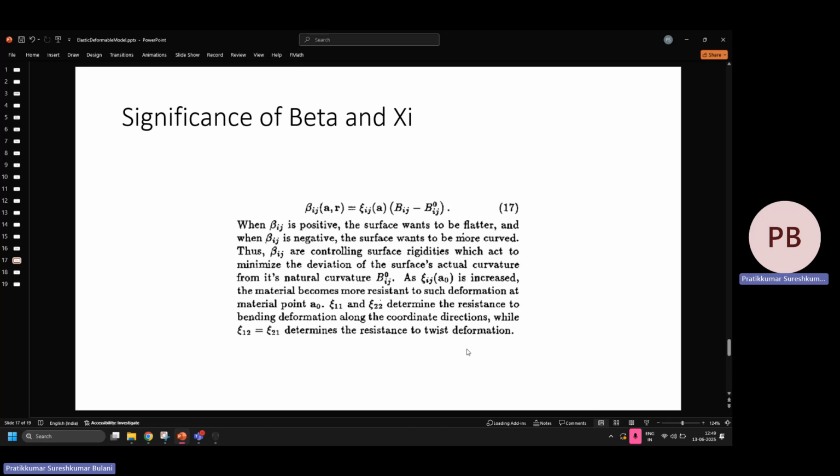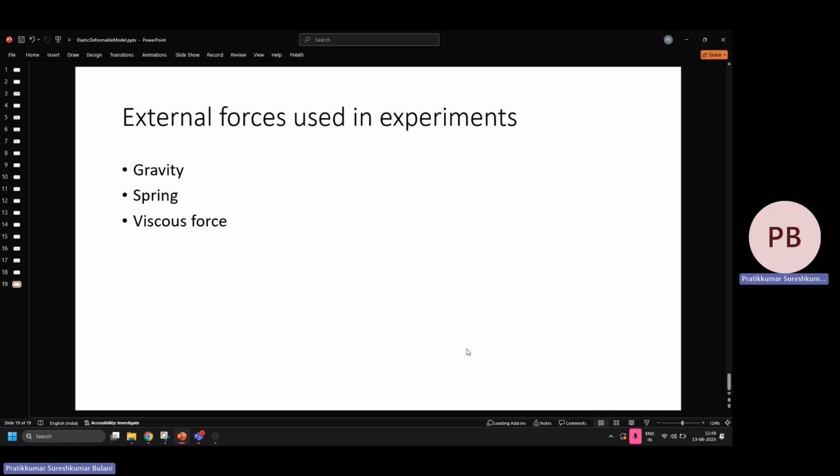Okay, and yeah, that's it from this paper. By the way, when they performed experiments, for the external force, they added gravity, they added spring force, they added viscous force. So on the deformable, elastic object, they actually threw a fluid on it while doing their experiments.